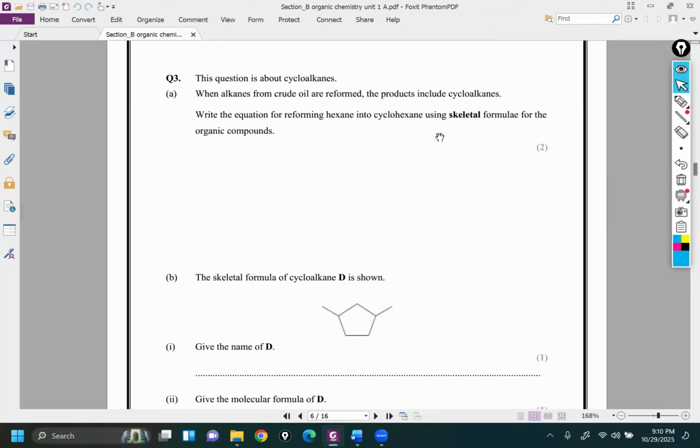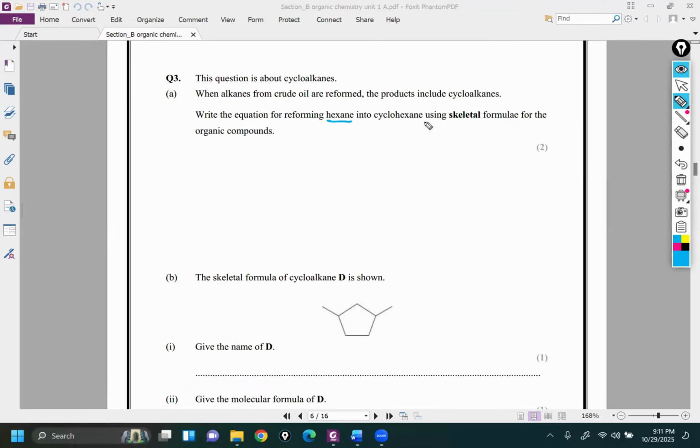Question 3, this question is about cycloalkane. When alkanes from the crude oil are reformed, the products include cycloalkane. It means cycloalkane or branched alkane are always formed in reforming. Write the equation for reforming hexane into cyclohexane using skeletal formulae for the organic compounds. Let me increase the size of this.